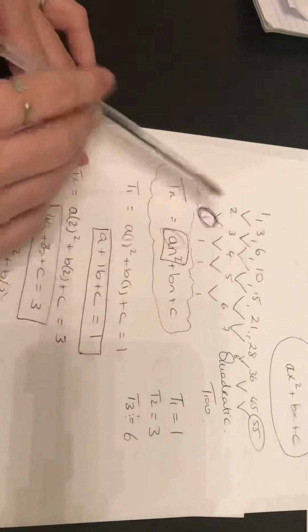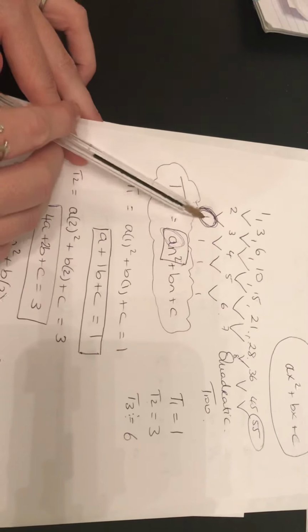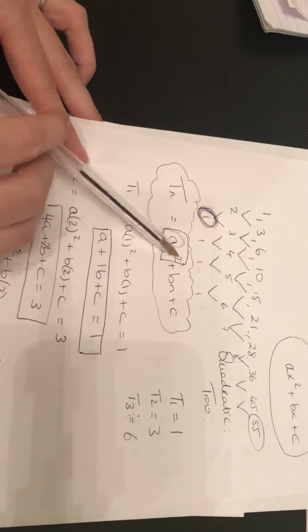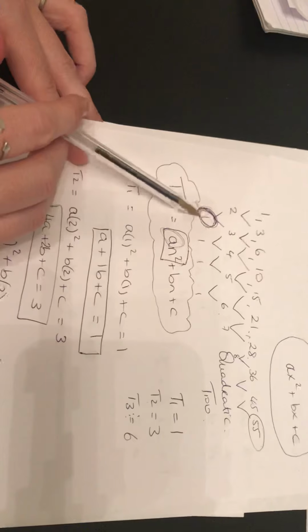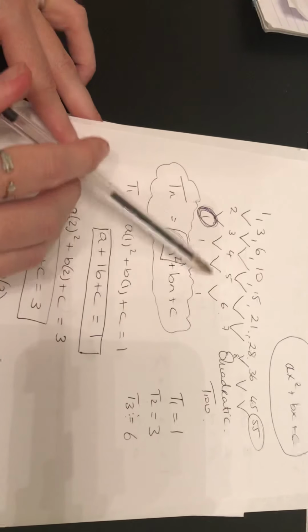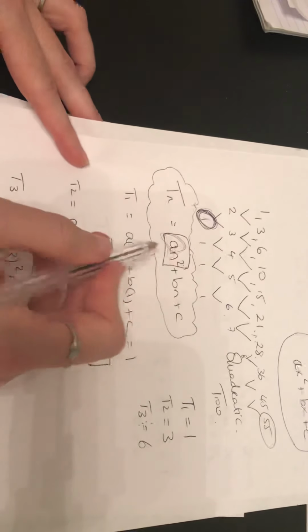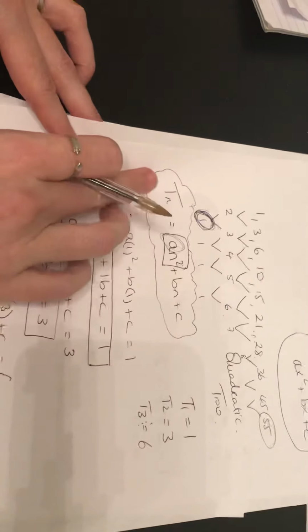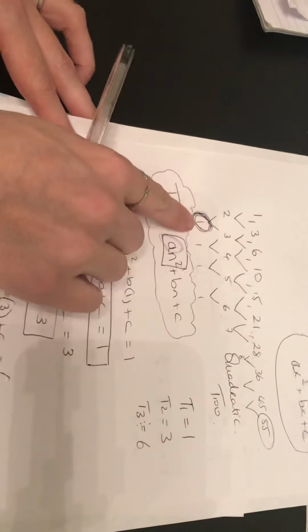But if you do want to speed it up, you can actually notice that the coefficient of the n squared is always going to be half of your common second difference. And if you know that, it actually allows you very quickly at the start to go, right, that's generally what a quadratic looks like. This particular quadratic has a second difference of 1.